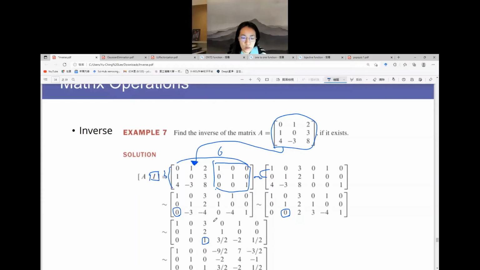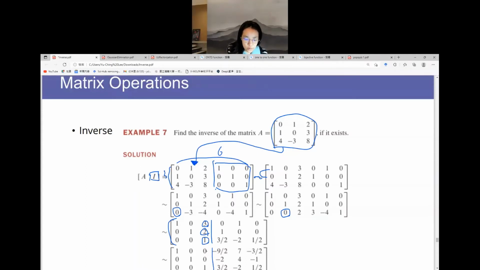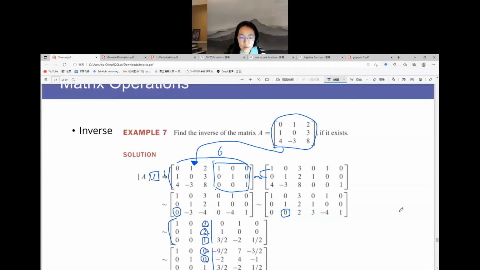So we are very close to the identity matrix on the left-hand side, except that there are still 2 positions which we need to cancel out. We want them to be 0. One more step, and then I get 0 and 0 right there. So eventually I get an identity matrix on the left-hand side.